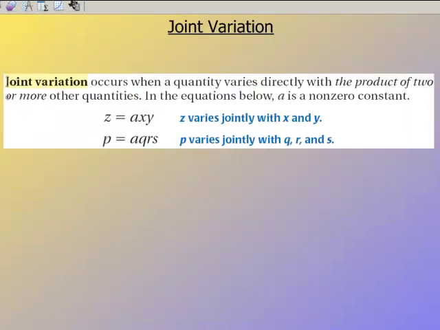The next thing I want to talk about is joint variation. So this happens when you have a product of two or more quantities.